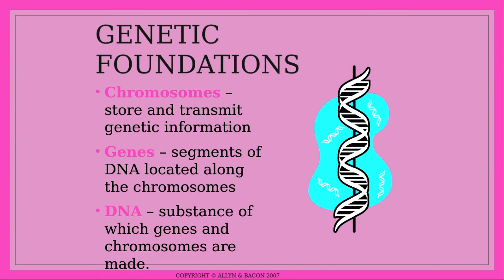If you remember doing the Punnett squares that we would do for eye color, I can show you here. Let's see if I can create one. So if we had our Punnett square, let's say we're doing eye color.